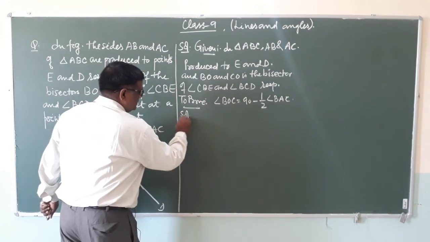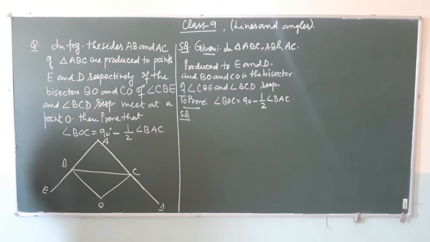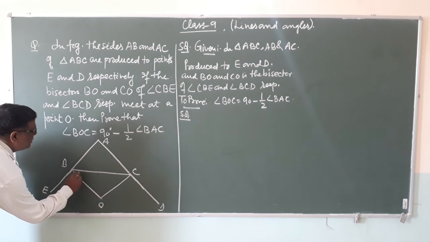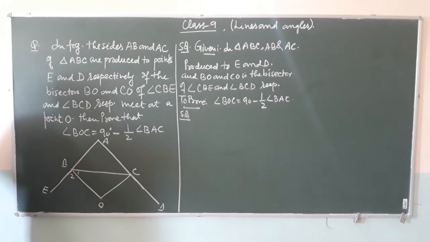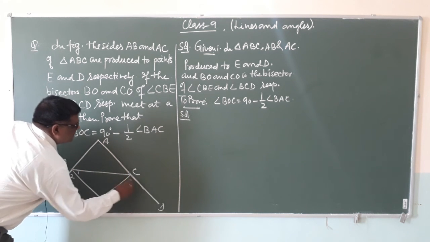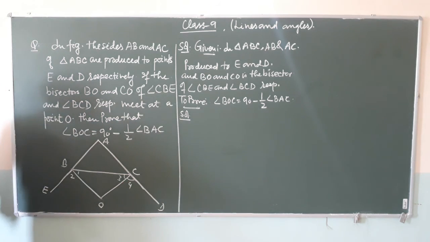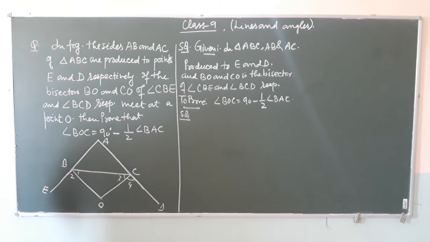Now the solution is: first of all, we see here that BO is the bisector, therefore angle 1 is equal to angle 2, and CO is the bisector of angle BCD, so angle 3 is equal to angle 4. And here this is 180 degrees.